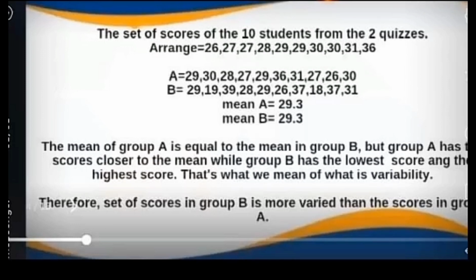Since we already know that group B is more varied than group A, this is how we identify or clarify measures of variability or dispersion. As we discussed earlier, measures of dispersion or variability indicate how spread out a group of scores is, or how varied the scores are.